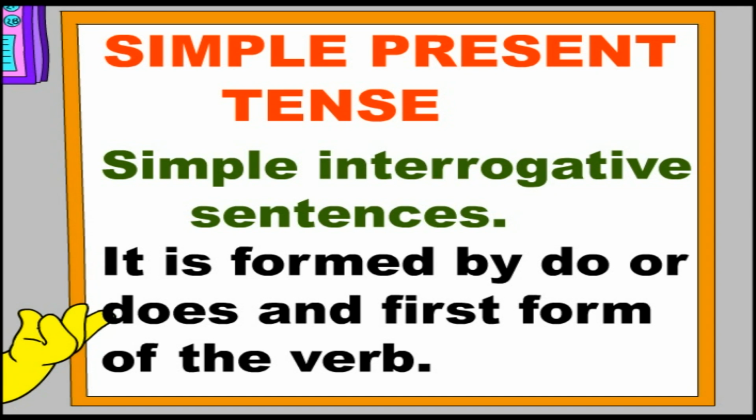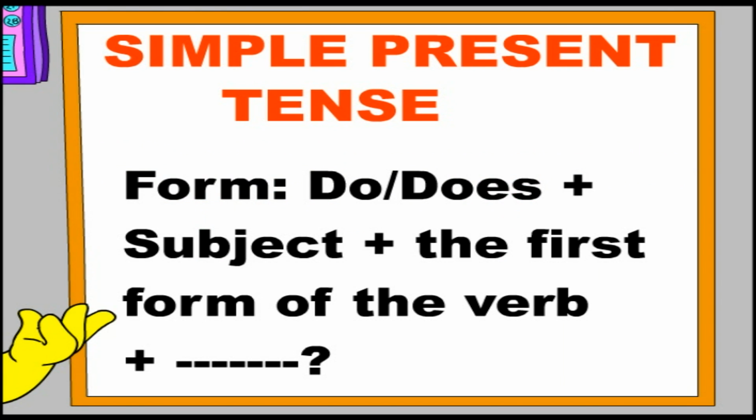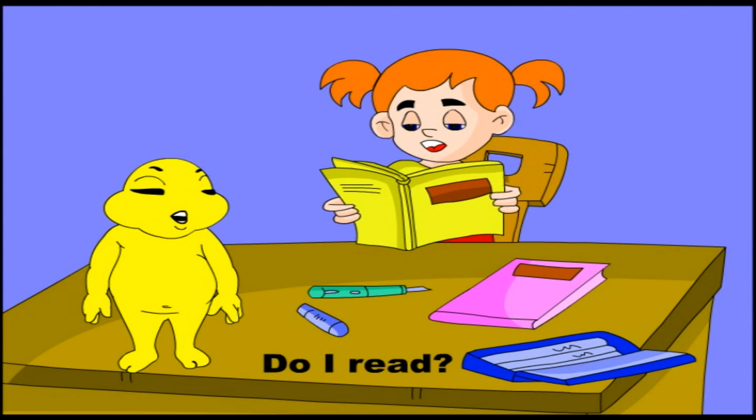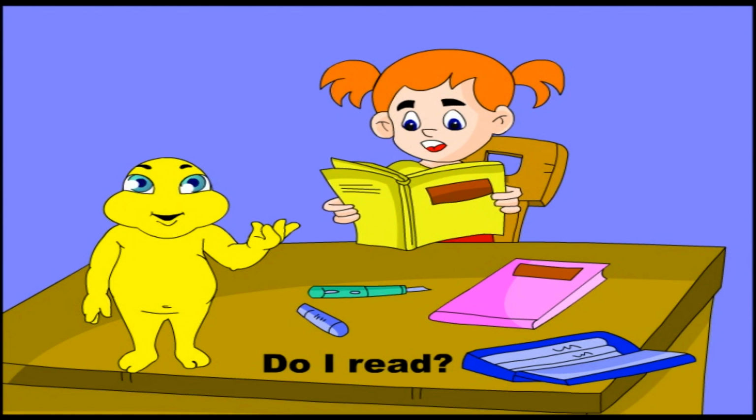Simple interrogative sentences. It is formed by do or does and the first form of the verb. Form: do or does plus subject plus the first form of the verb plus the work. Examples: Do I read?